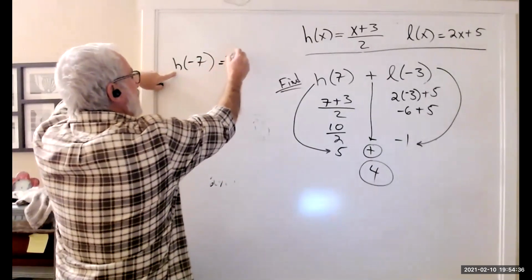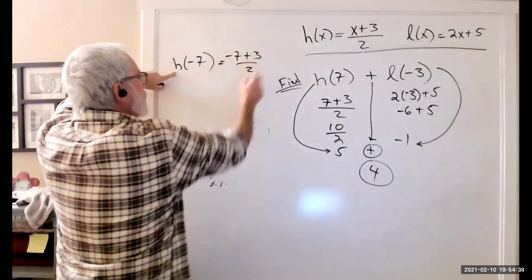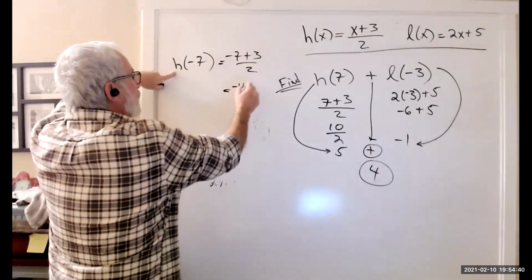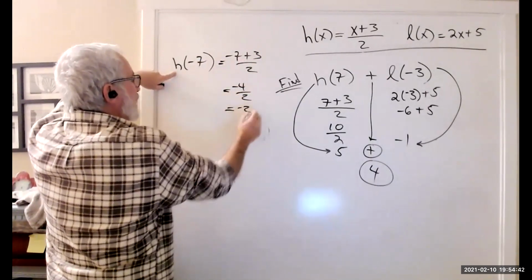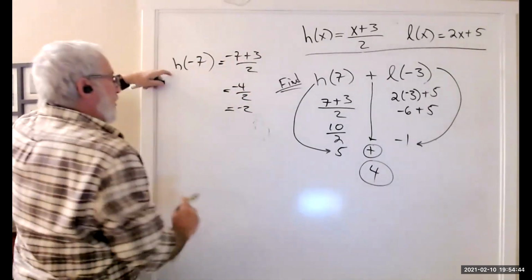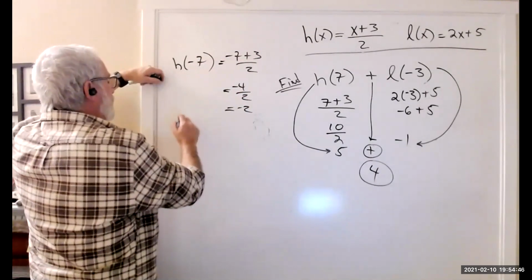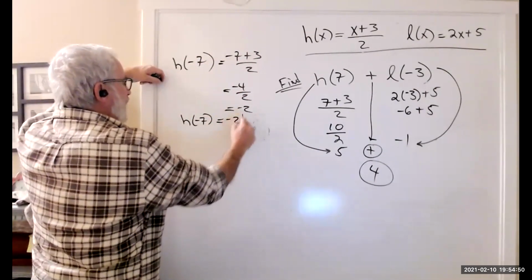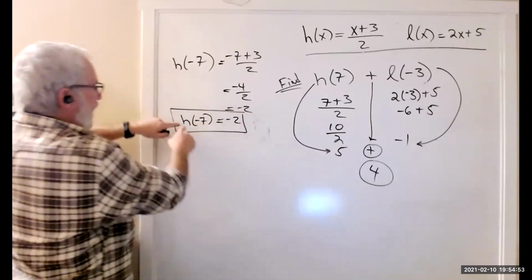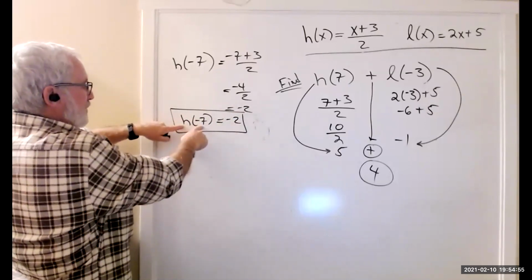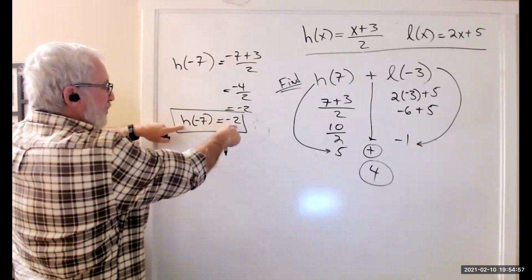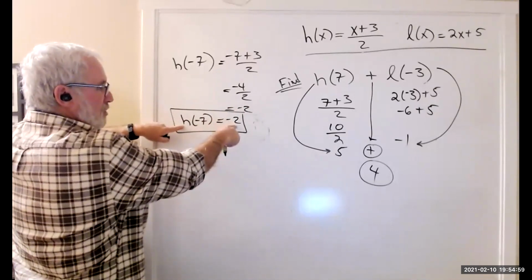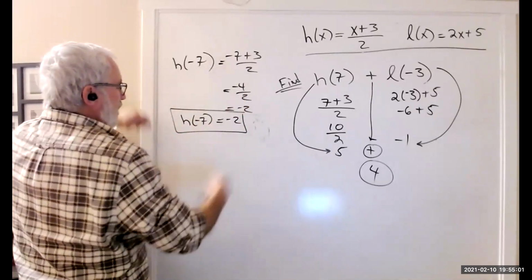So this is negative 7 plus 3 over 2, which is negative 4 over 2, which is negative 2. Now, typically you say, oh, h of negative 7 is negative 2. The h changed negative 7 into negative 2. That's how you write it.